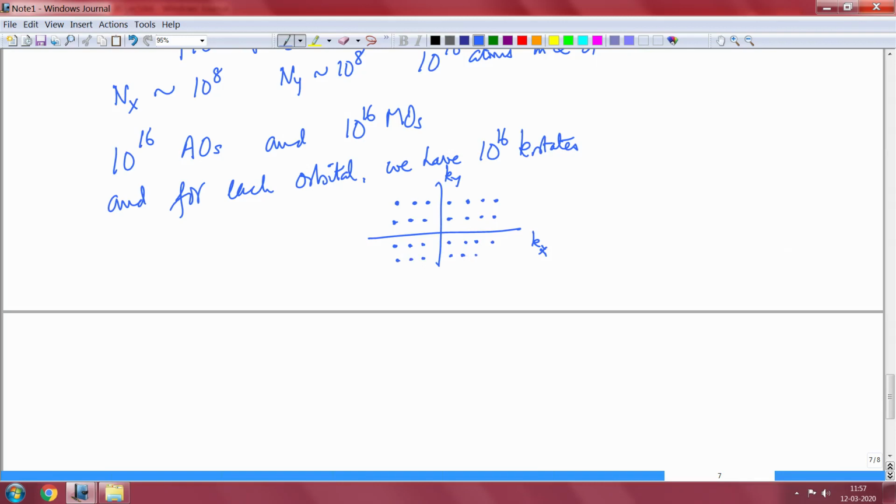The allowed k values lie within pi by a and minus pi by a, and say pi by b and minus pi by b. So you have to find out the energy levels at each point.